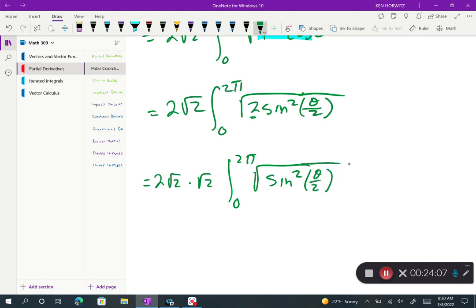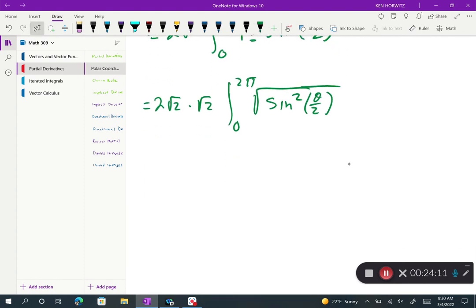And if I take the square root of sine squared theta over 2, all right, so, well, first I can take my constants, and I have 2 times 2 is 4, 0 to 2 pi. If I take the square root of that, I will have sine theta over 2. Now I can integrate. All right, so I'm going to ask you to pause the video, do the integration, and I'll let you know what the answer is on the back end.